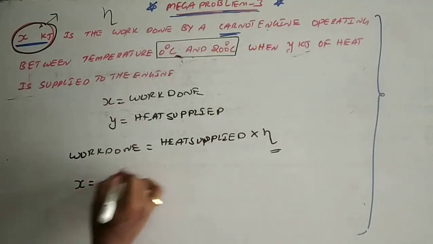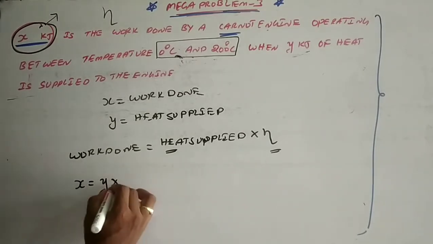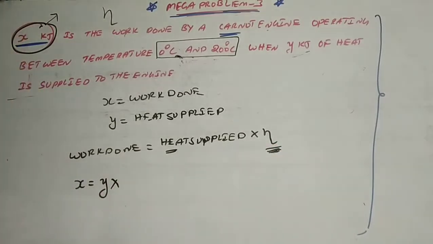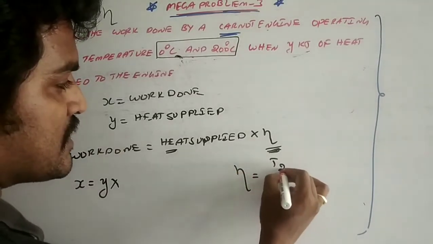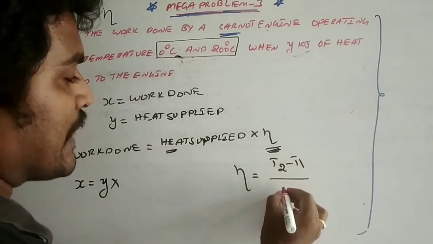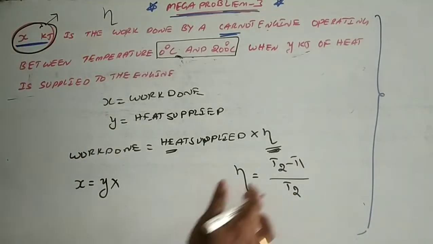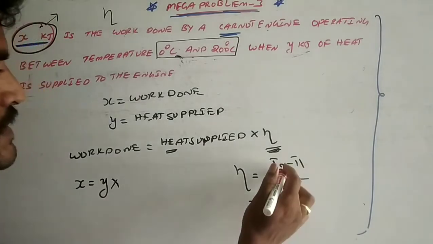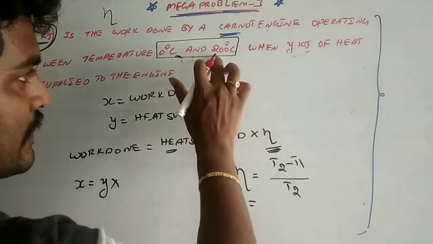So X is the work done, Y is the heat supplied, and the thermodynamic efficiency, you know, equals T2 minus T1 by T2. T2 is 200 and T1 is 0.